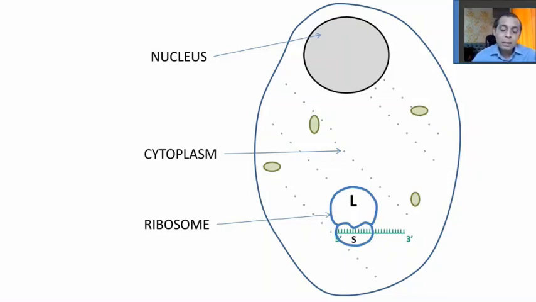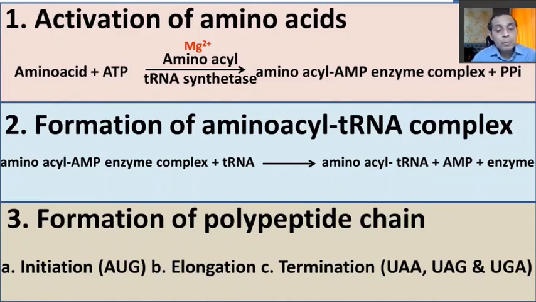Now once inside the ribosome, the translation will start. The entire process of translation involves three steps. The first step is called activation of amino acids. Before translation starts, the amino acids are to be activated. Like if you remember, in replication also the nucleotides are to be activated.